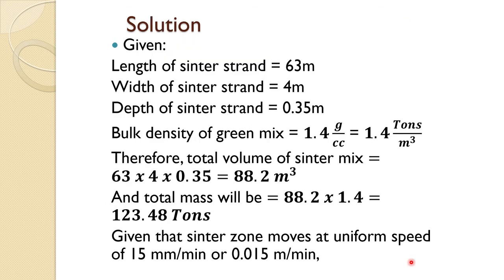So, because the strand length and the strand width are given, and depth is given, and green density is given of the mixture, which in the form of 1400 kg per cubic meter or 1.4 ton per cubic meter would be the density, and the volume of the mix can be obtained by multiplying these three, which comes to 88.2 cubic meter.